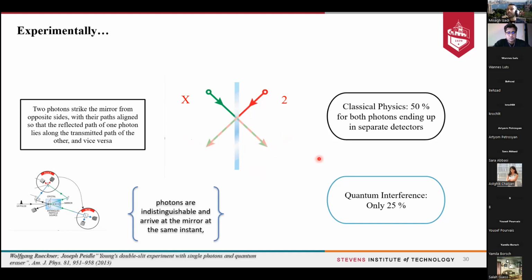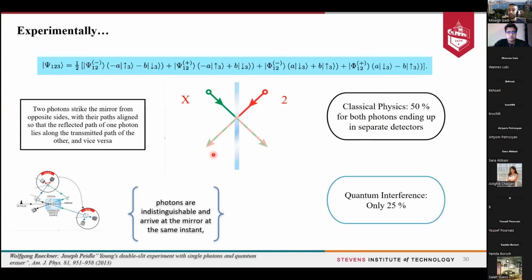Once quantum interference happens, there's just a 25% chance for these photons to end up in separate locations here, while in classical physics, it's a 50% chance of ending up in separate locations. Alice, this way, by superposing these two photons, created this state here.